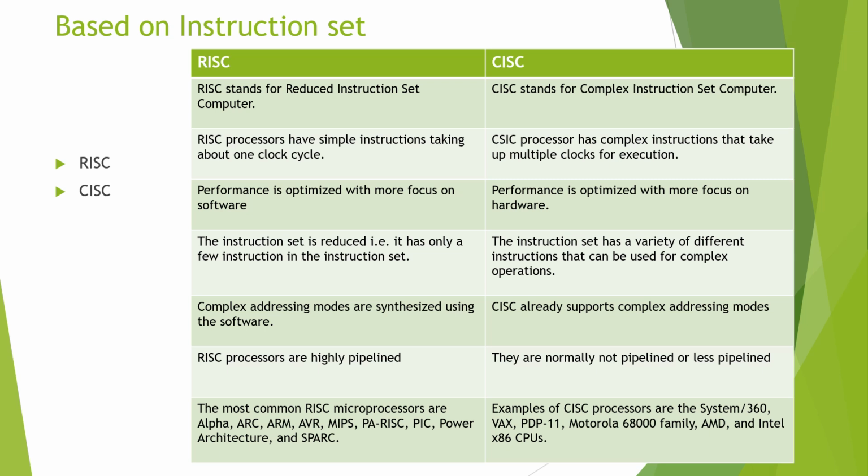We have learned about the pipelined architecture. What is pipelining? Again, I can give an idea that pipelining means there is more than one processing unit. For example, if we consider the 8086, there are two units: the BIU, that means bus interfacing unit, and the execution unit. When the execution unit executes one instruction, at the same time the BIU fetches the next instruction from memory and stores it in its 6-byte queue.